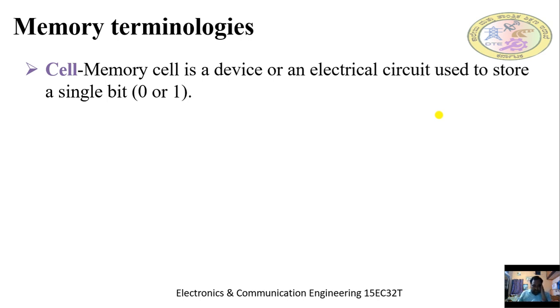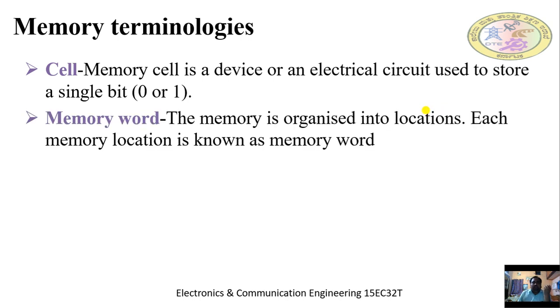Typical examples of memory cells include flip-flops, capacitors, as well as magnetic types of memory, like magnetic disk or magnetic tape, where the magnetic spots indicate a single bit of storage, which can be treated as a cell.